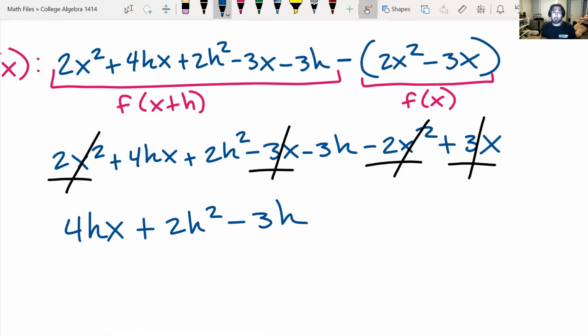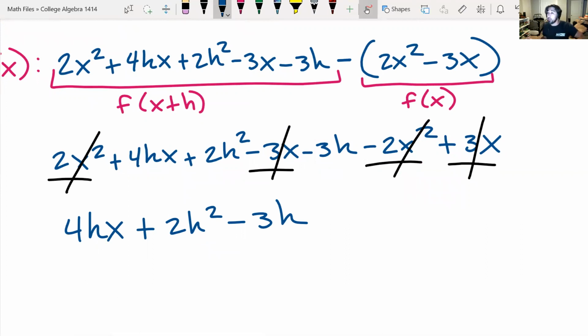Okay, so in my math lab, I think it wants this answer. So this could be like the my math lab answer. But then what you can also do on step 2, what I like to do is take out a common factor. And that common factor all the time is h.